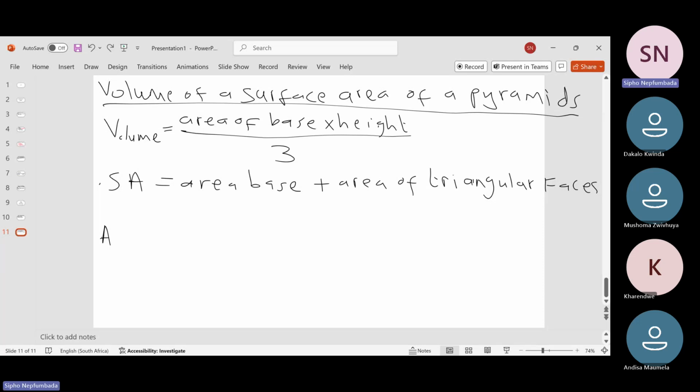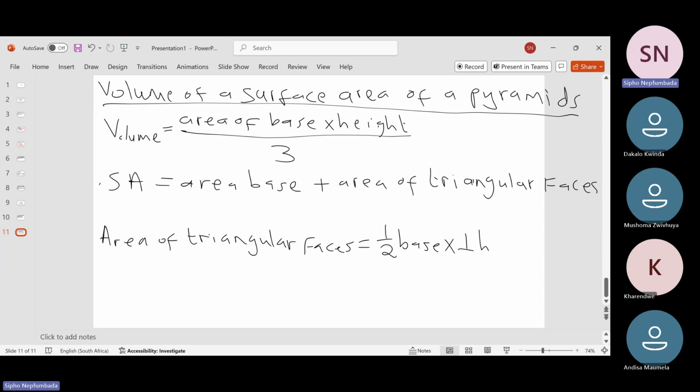Where the area of these triangular faces is given by half base multiplied by the perpendicular height.